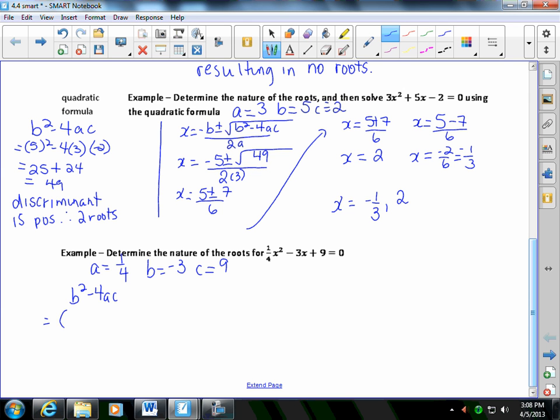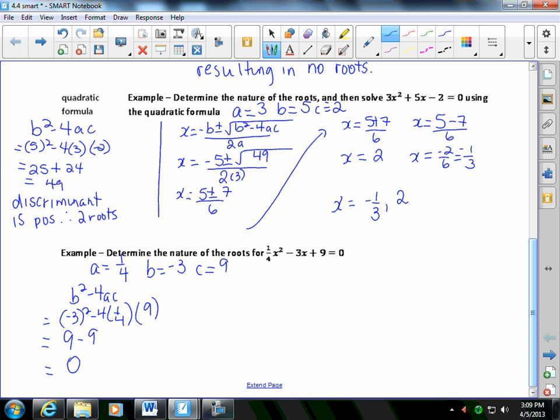So b is a negative 3 all squared minus 4 times 1/4 times my c of 9. So negative 3 squared is 9 minus 4 times 1/4 is going to be 4 over 4, which is just 1, times 9 is 9. 9 minus 9 is 0.